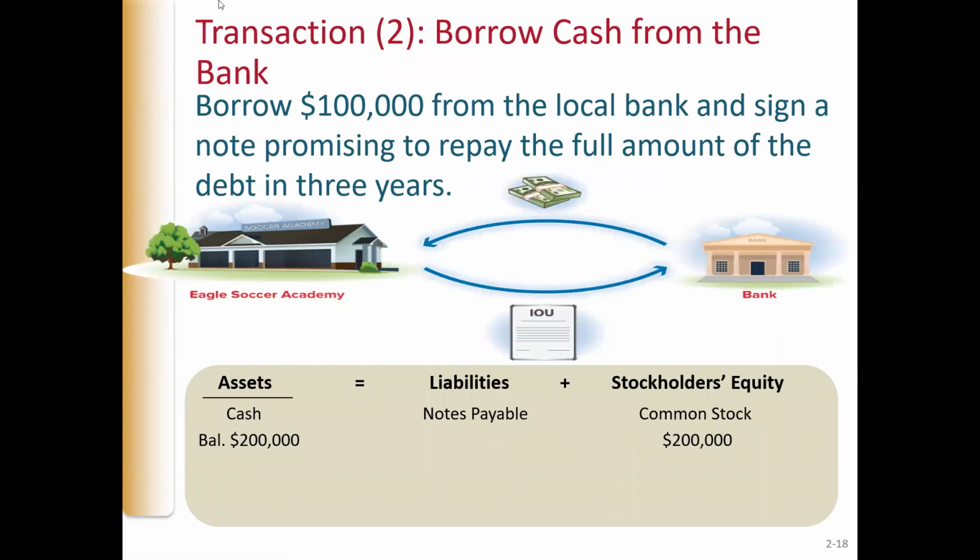Here's another transaction. We borrowed cash from the bank. The company borrowed $100,000 from the local bank and signed a note promising to pay the full amount back in 3 years. When you think of this transaction, what do you think happened?